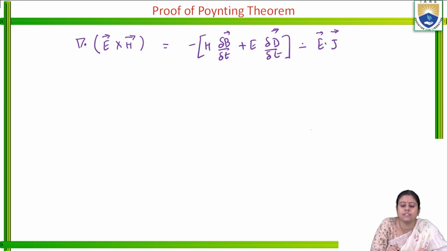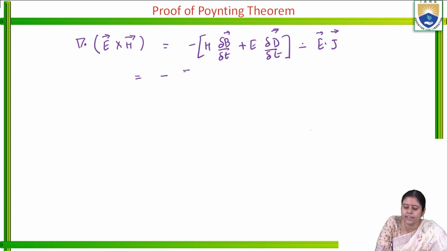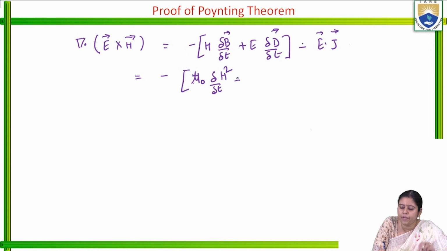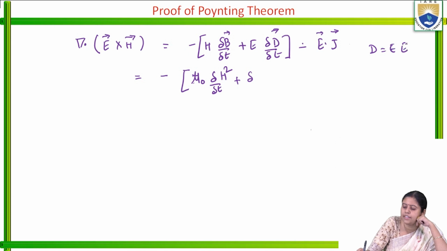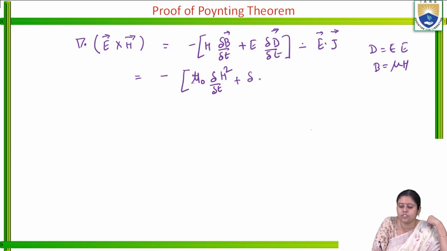Now we know B is equal to mu into H. So we can write mu del by del T of H square, since B is equal to mu H, plus del, again what is D? D is equal to epsilon E. So we can write mu naught del H square, and epsilon naught.